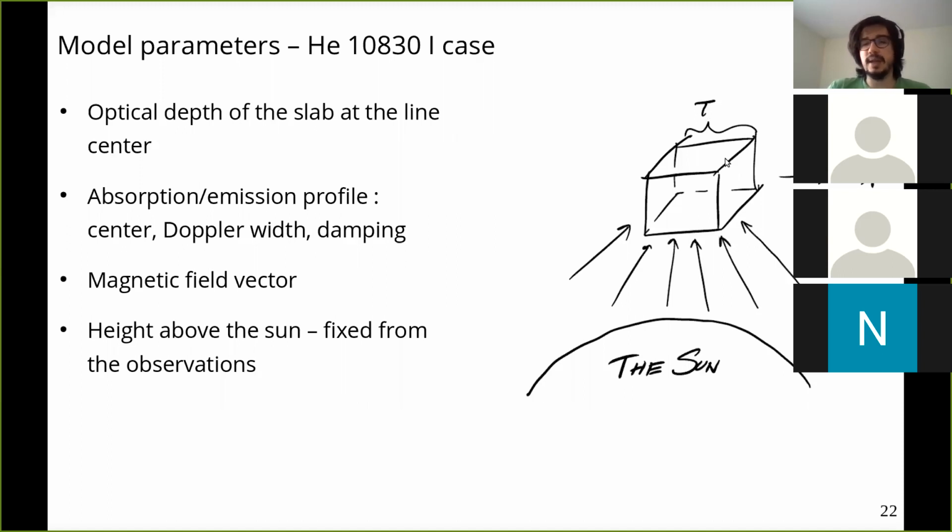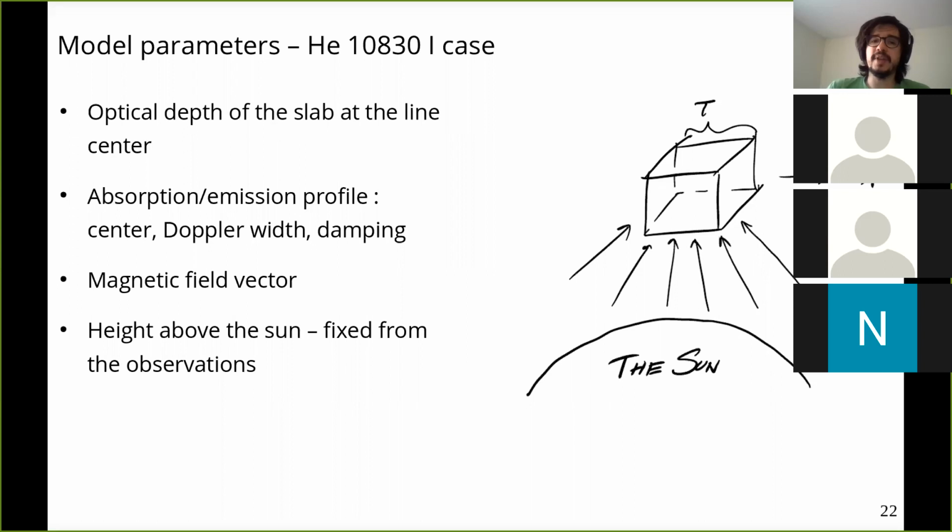Then the other big thing is the shape of the absorption and emission. That is determined by three quantities: the position of the line center, which basically determines your line of sight velocity; the Doppler width, which is the broadening of the line; and the damping, because we know that our lines are not really Gaussian shaped, they're more like Voigt shaped, right?